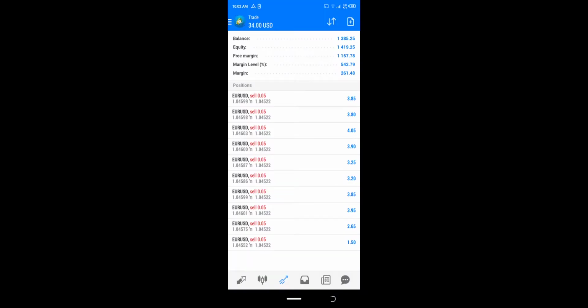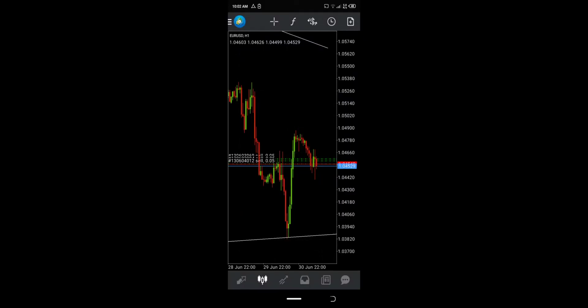Let me enter one sell position. I'm waiting for the perfect moment. I enter one sell position with a slightly bigger lot size, and we will see how it goes.